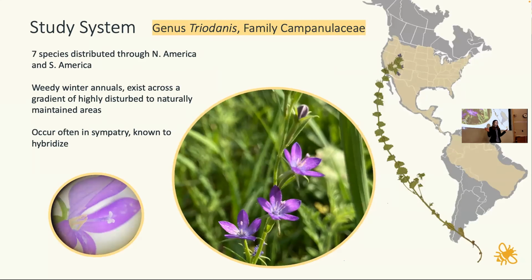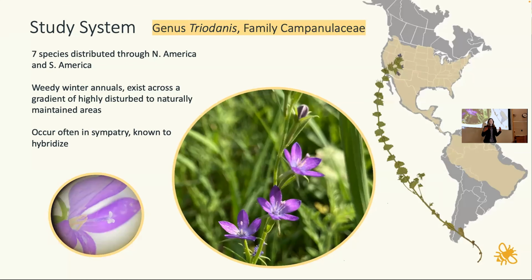So we've got Triodanis. We use this genus as a study system to answer ecological and evolutionary questions generally. It has 7 species distributed through both North and South America. It's a weedy annual plant, which makes it great because we can go out and collect it, because it's a least concern species.